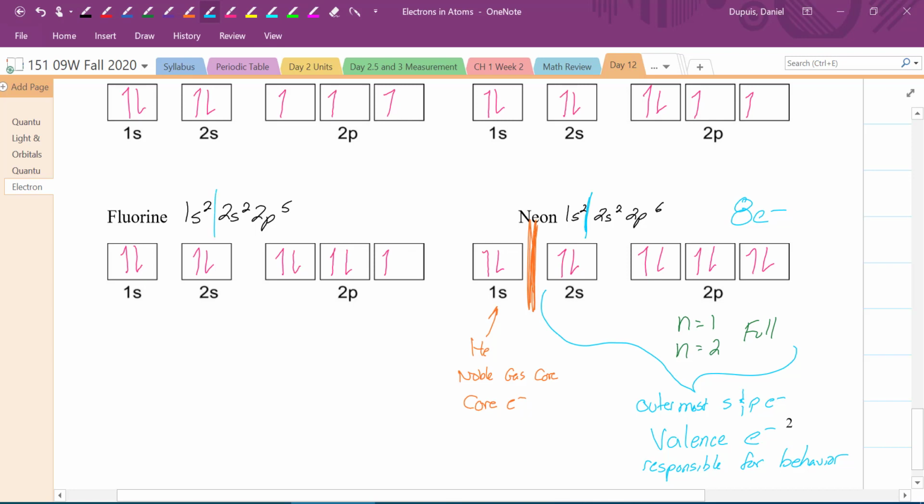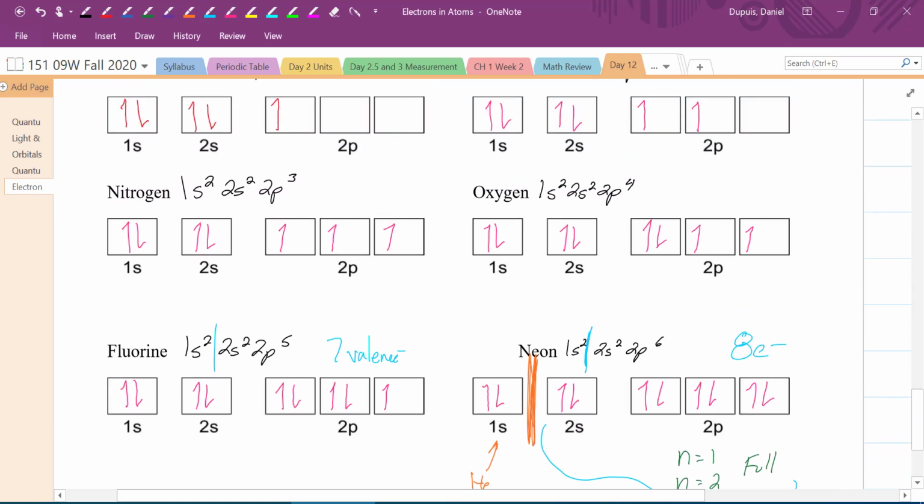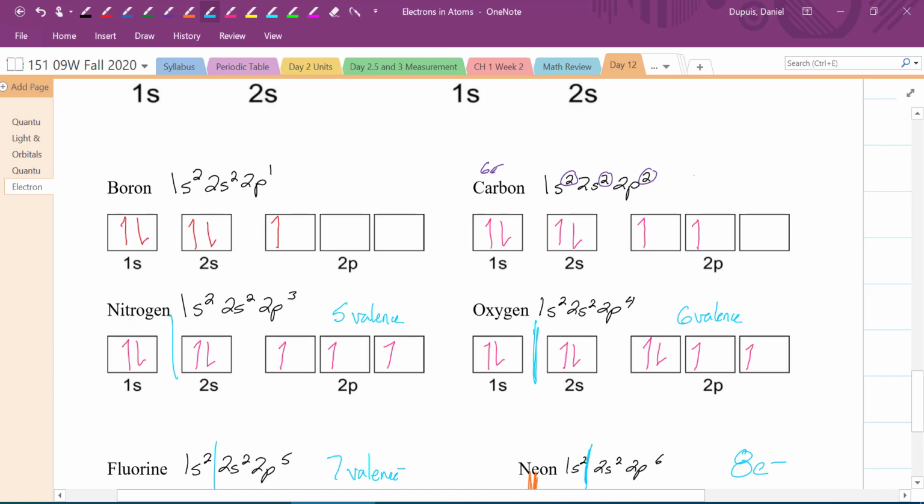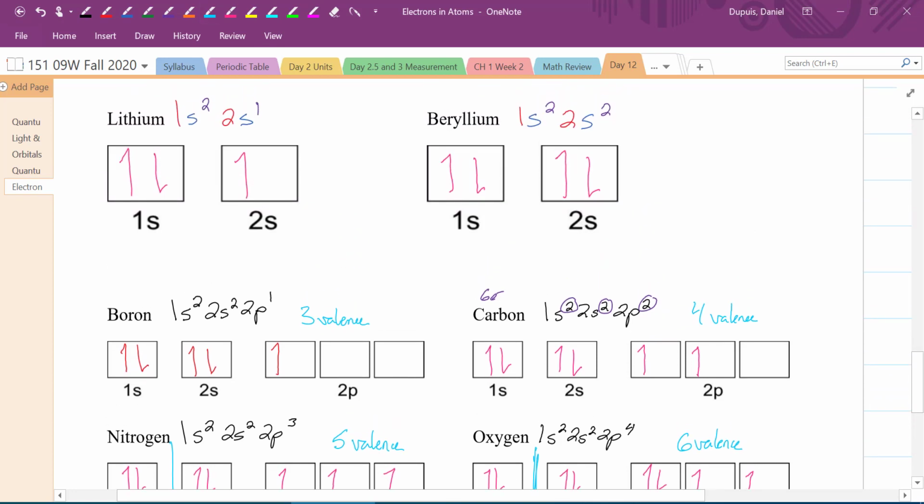Fluorine has 2 core and it has 7 valence. Oxygen, right there, has 6 valence. You can probably see a pattern here. 5 valence. Carbon has 4 valence. Boron has 3 valence. Beryllium has 2 valence.